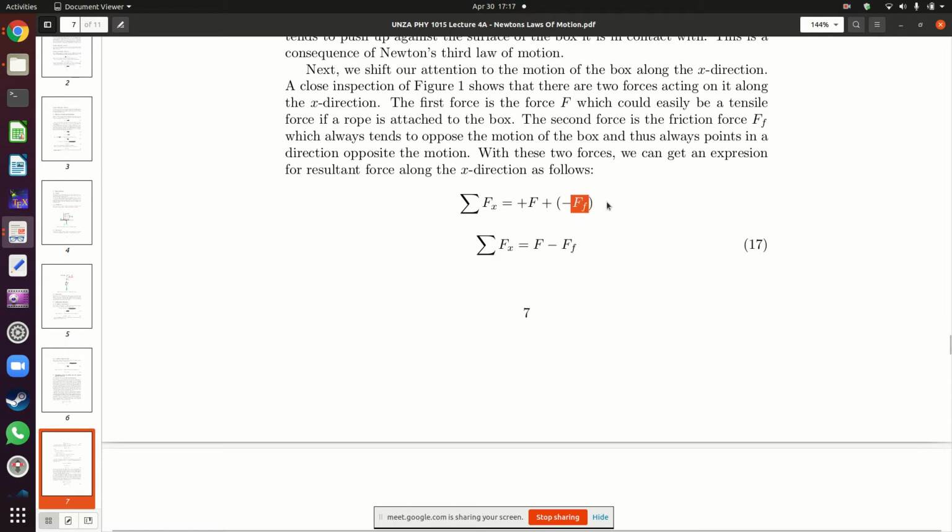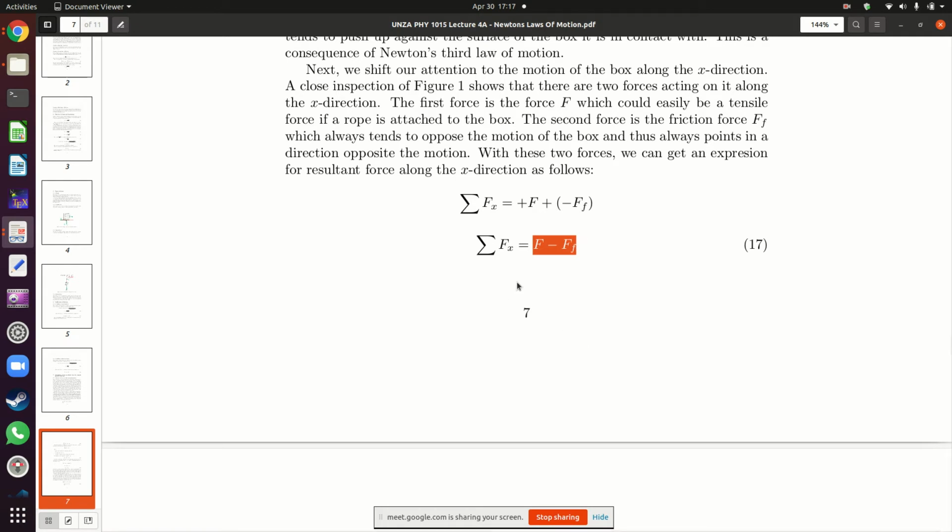The friction force is pointing in the negative x direction, so it's opposing the motion and it becomes a negative FF. So we end up with the resultant force Fx being equal to the force which is pushing or pulling the box minus the friction force. So this is the resultant force along the x-axis.